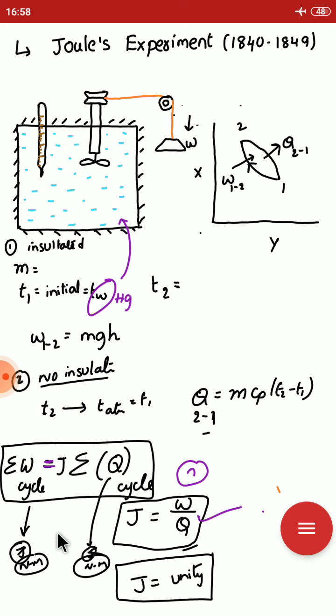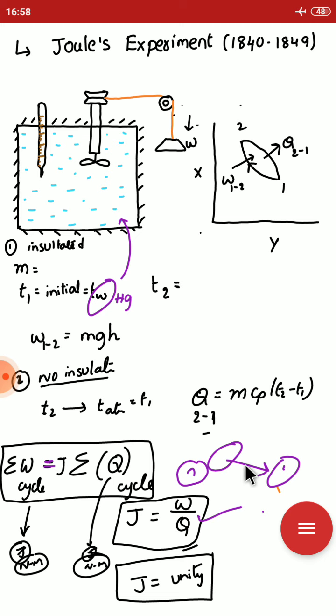Earlier to Joule, heat was considered as an invisible fluid which flows from a body of higher calorific value to a body of lower calorific value.